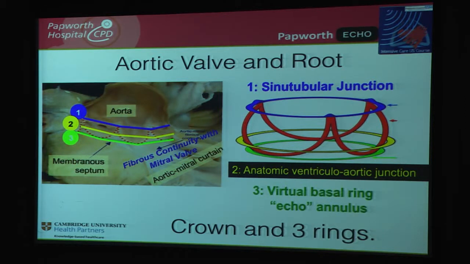And line 3 is where the basal attachment of the aortic valve leaflets lies, which forms the echocardiographic annulus. If you put the three rings together, what you get is a crown with three rings. It's a corona-like structure. That's quite important because this is how the architecture of the aortic valve is, and when this gets damaged, you get problems.